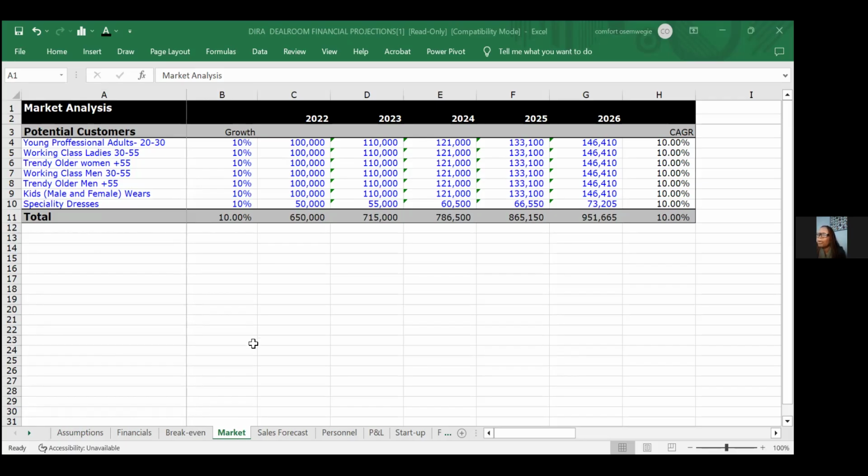So this is the beginning of where we actually plug in real data for this financial Excel that we're working on today. Do we have any questions? And do you understand how to analyze projections even when you just have an MVP?